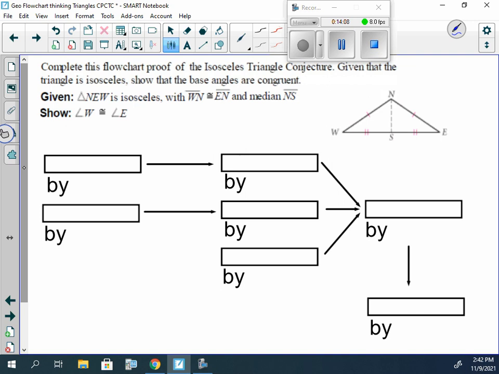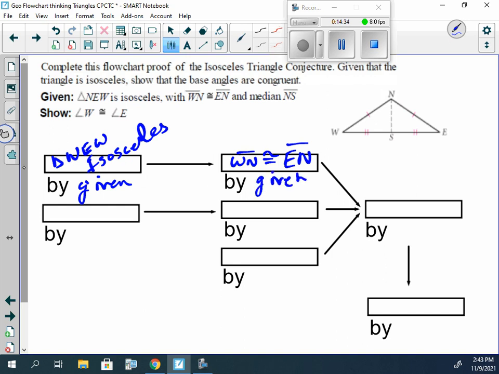We would have two congruent sides. Now, by the fact that WNE is isosceles, we can start off with that. We can really say that WN is congruent to EN. And here it's given, or really we can say definition of isosceles triangle, two congruent sides.